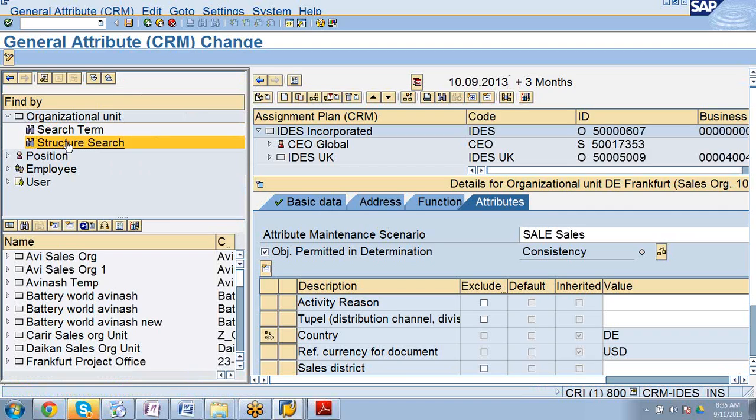One is structured search, the other is search term. Go to structured search.